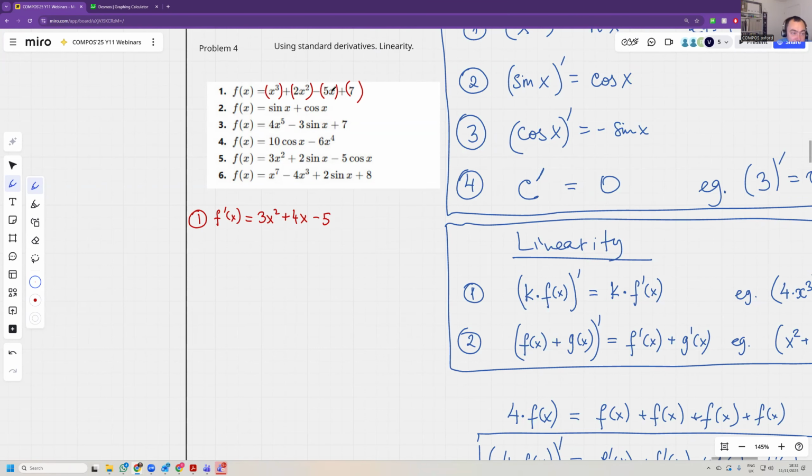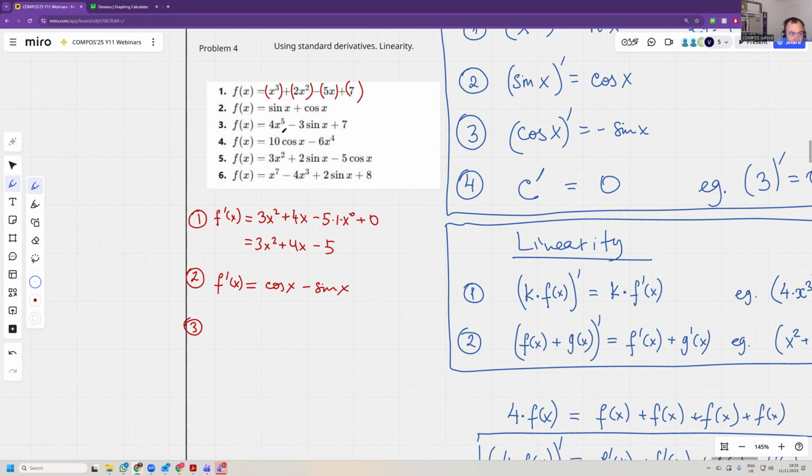We keep the 5, and the derivative of x is 1 multiplied by x to the power 0, which is just 1. And then 7, the derivative of 7 is 0. So it's 3x squared plus 4x minus 5. That's it. 2: sine x plus cos x. We know that the derivative of sine is cos x, and the derivative of cos is minus sine x. So very straightforward.